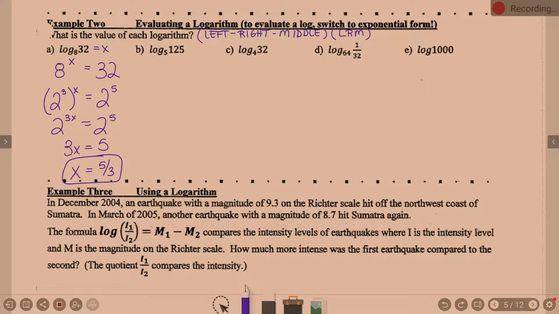However, I'm going to encourage you, once you know how to set up the equation, it's going to be quicker and easier. That's going to be my suggestion. And obviously, 5/3, it's not quite as easy. Okay, questions on that?